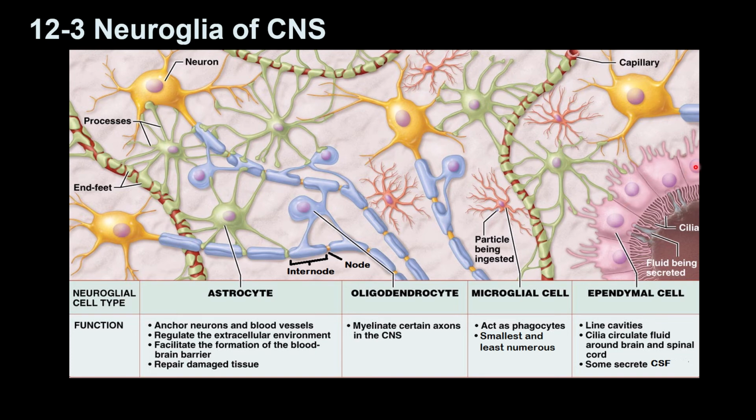So they cover those cavities, okay? And some of them also have cilia, and they produce a fluid that's called CSF, cerebrospinal fluid. And I will talk about that fluid when we get to chapter 14. So for now, just understand that it produces some kind of fluid.